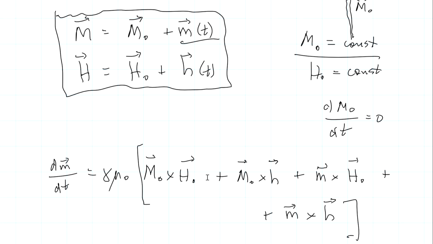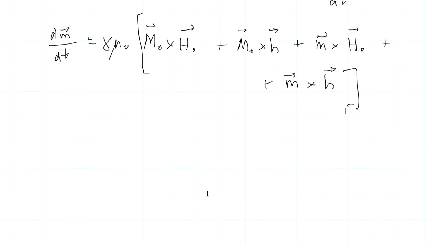Now, of course, we are talking not about a single magnetic moment as I wrote here. We are talking about magnetization. So when we talk about magnetization, first, let's assume that we gave it enough time to saturate along the field, which means that m naught is parallel to h naught.